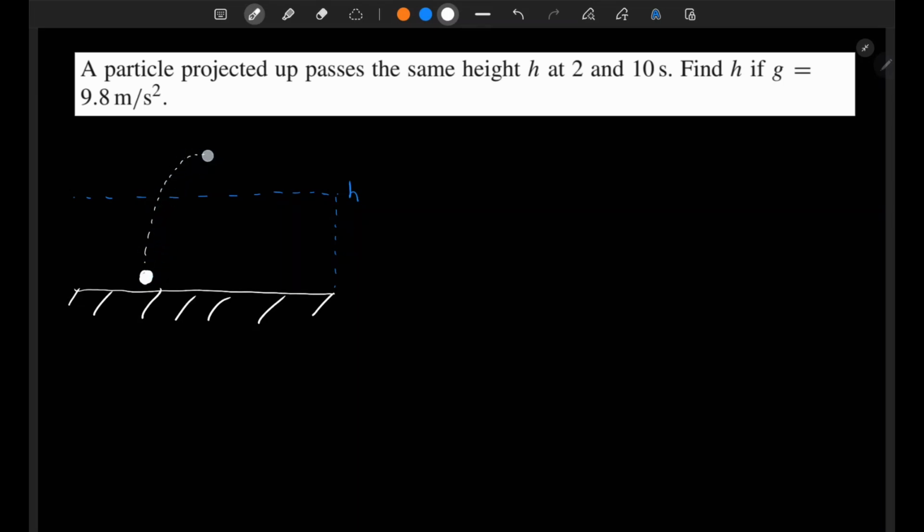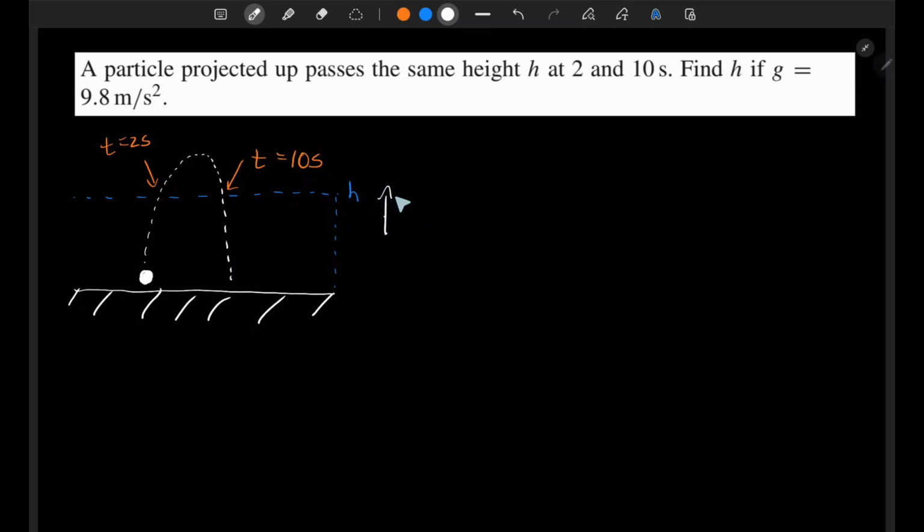It passes h, it maxes out, and then it comes back down at some later time. So here is t is equal to 2 seconds, and here at some later time is t is equal to 10 seconds. And g is equal to 9.8 meters per second squared.